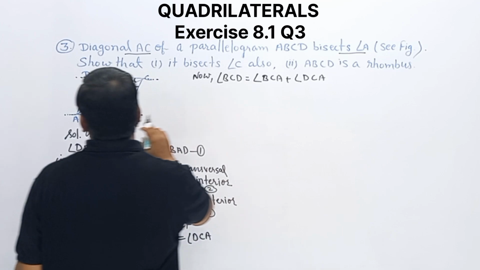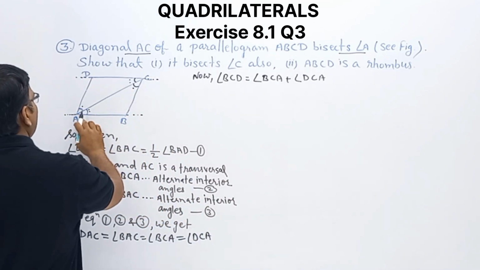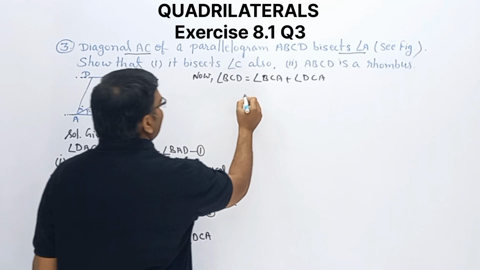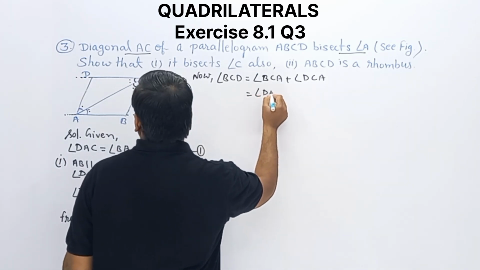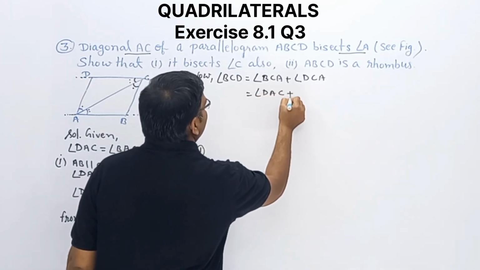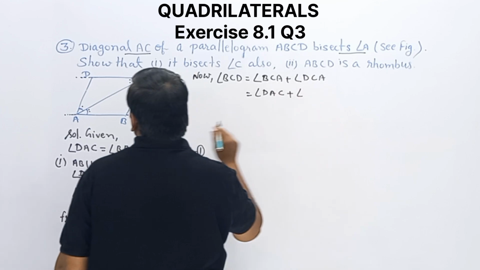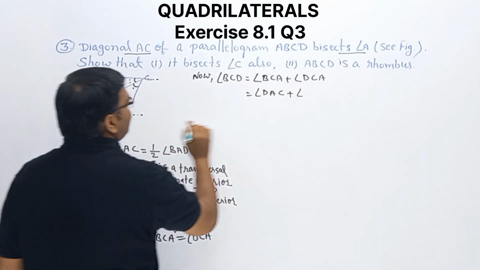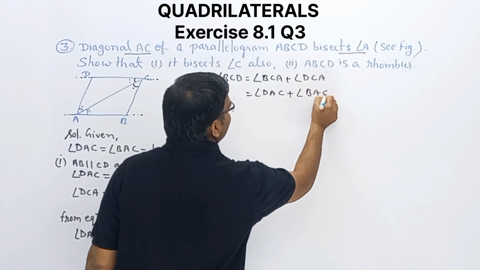Angle BCA equals angle DAC, plus angle DCA equals BAC.